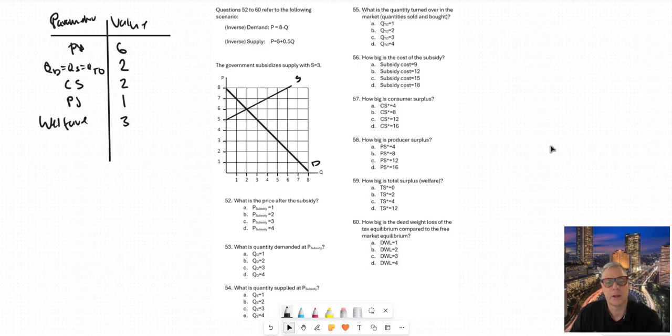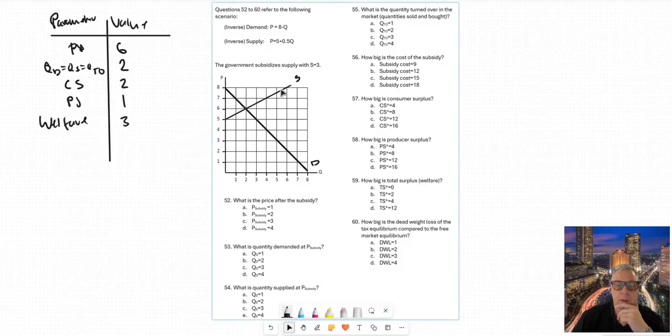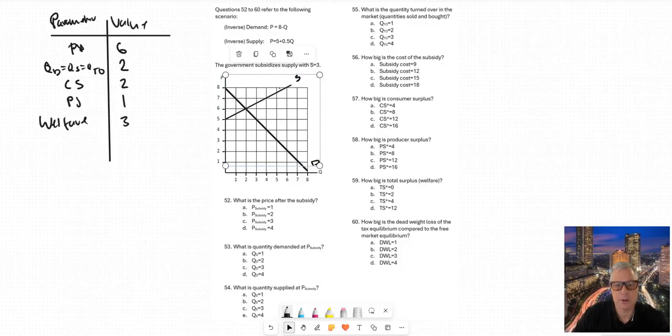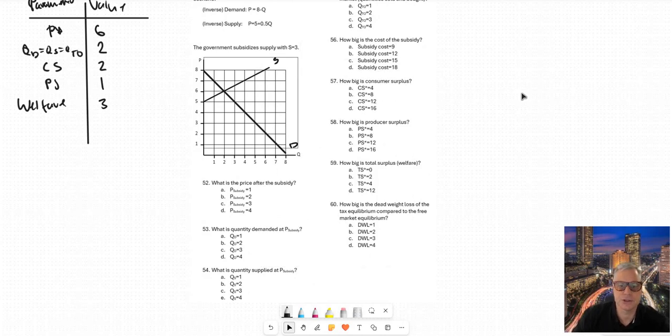Okay, so now we have a subsidy, and the subsidy is 3. So that means that the supply function is shifted down by 1, 2, 3, and then it still has a slope of 1/2.